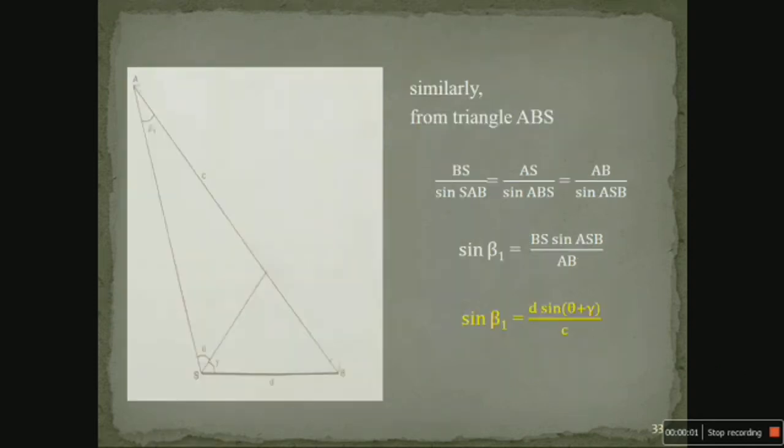Next we are considering the triangle ABS. Here we have to find the formula for beta 1, or sine of angle beta 1. Again applying the sine rule here. So this is the sine rule for this triangle ABS.